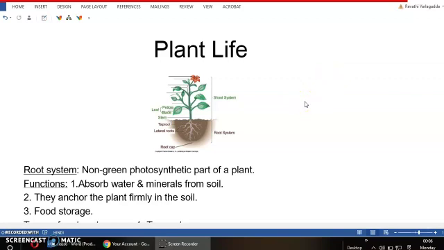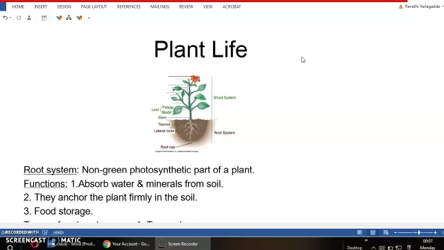Habitat means the place where plants or any life grows naturally. So plants grow in different habitats, like some plants grow in desert regions, some in mountain regions, some in plain regions, right? And some plants even grow in water.